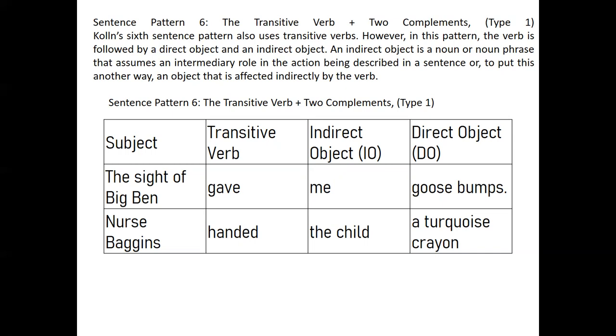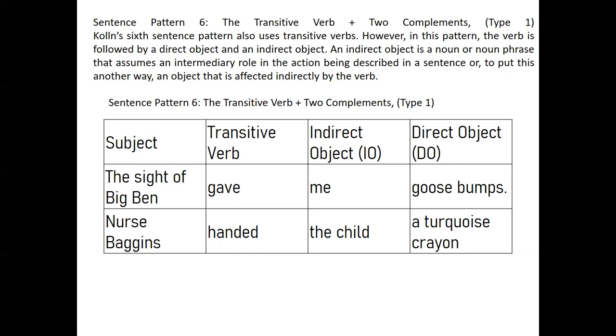An indirect object is a noun, noun phrase, or even a clause, though mostly we get a noun or noun phrase that assumes an intermediary role in the action being described in a sentence. Or to put it another way, an object that is affected indirectly by the verb. So the point here is who receives the object.